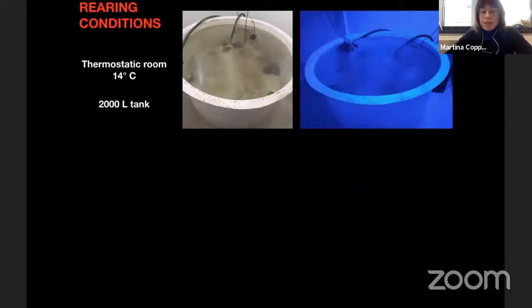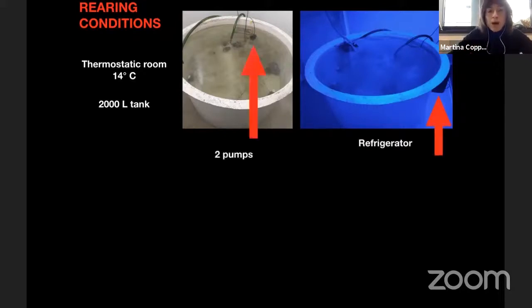Once in Banyuls, we placed the colonies in a 2,000 liter tank, in which the temperature was controlled both by the thermostatic room in which the tank was placed, and by the presence of a refrigerator. Two pumps were positioned inside the tank to maintain water movement and currents.